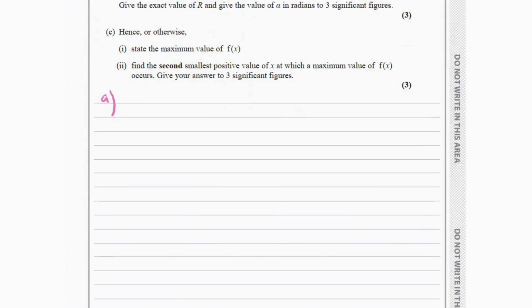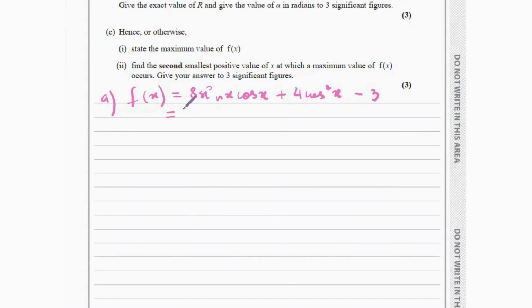So the initial equation is 8 sine x cos x plus 4 cos square x minus 3. We know that 2 sine x cos x equals sine 2x.